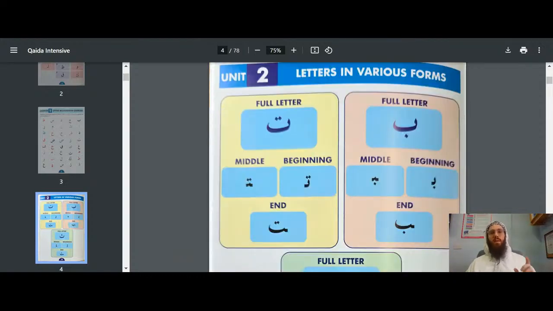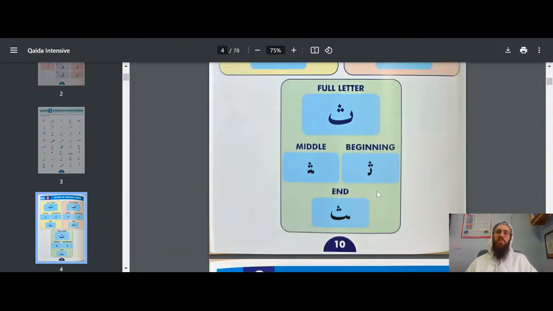Now, in the Arabic language, when you're writing, the letter will appear differently at different parts of the word. But don't freak out, that sounds extremely intimidating at first, but alhamdulillah, it's actually quite easy. If you have just a little symbol like this, it's just like a cursive, and it has a dot below, or 2 dots above, or 3 dots above.